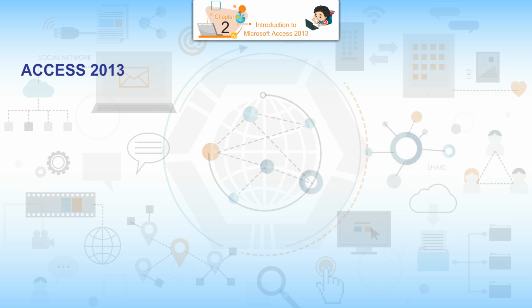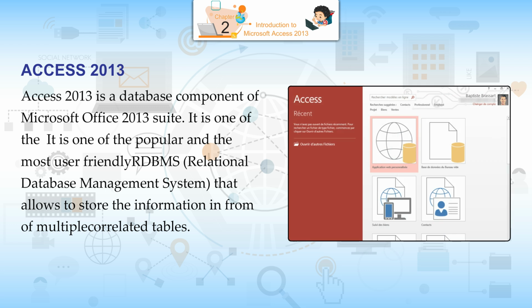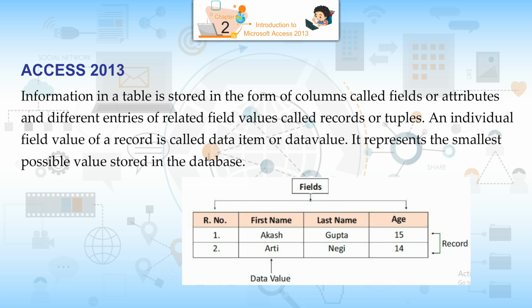Access 2013. Access 2013 is a database component of the Microsoft Office 2013 suite. It is one of the popular and most user-friendly RDBMS, Relational Database Management Systems, that allows you to store the information in the form of multiple correlated tables.